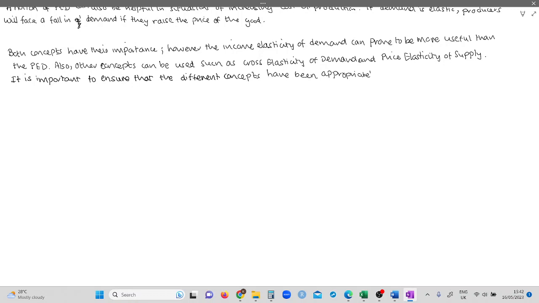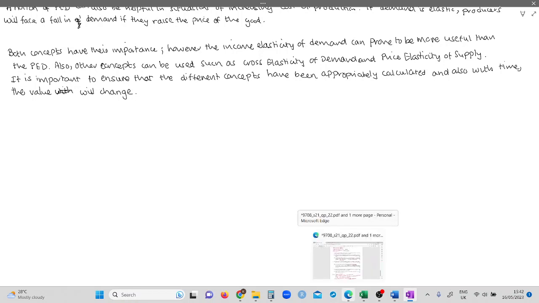And also, with time, the values tend to change, so we have to be updated with these values. For example, if we take the PED of a particular good in Mauritius in 2020 and compare it with 2022, it is normal that the value will change. So we have to be in line with this.